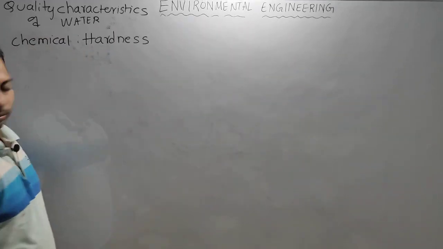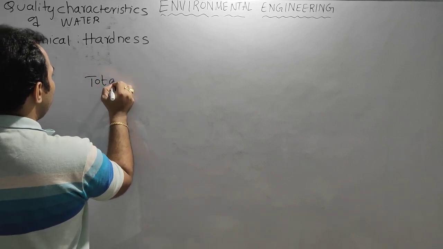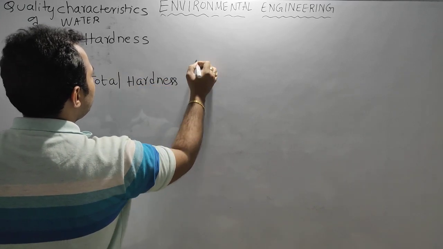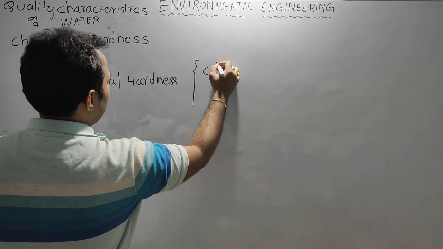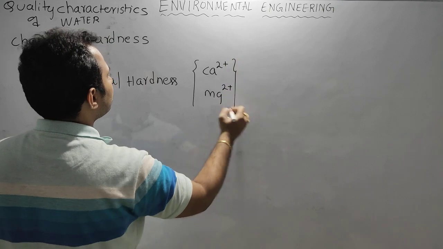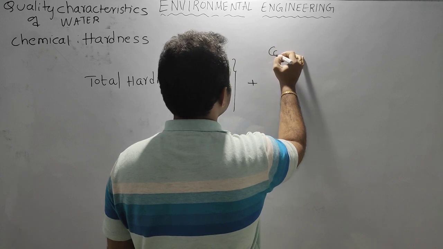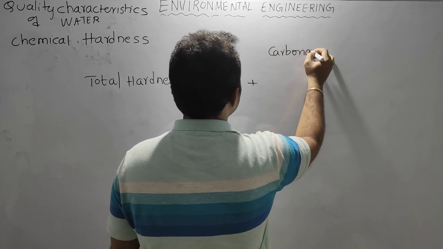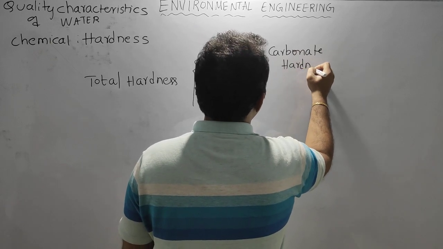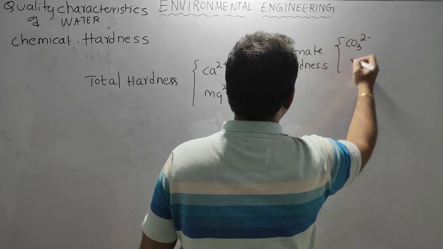So total hardness is because of Ca2+ majorly, Mg2+. So carbonate hardness, it is because of CO3 2- and HCO3-.